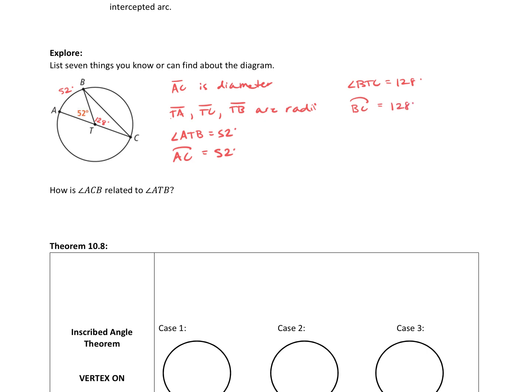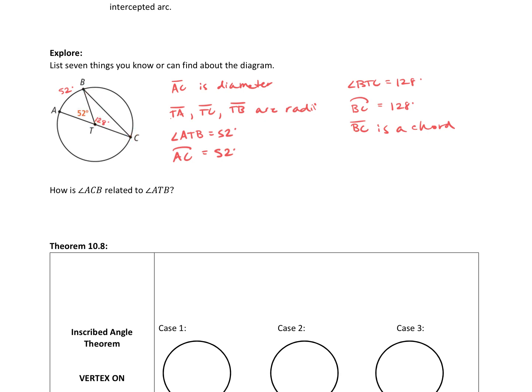We've got segment BC right here. That's a chord, so we know that BC is a chord. Let's see, what else could we say? Do you see this triangle TBC?